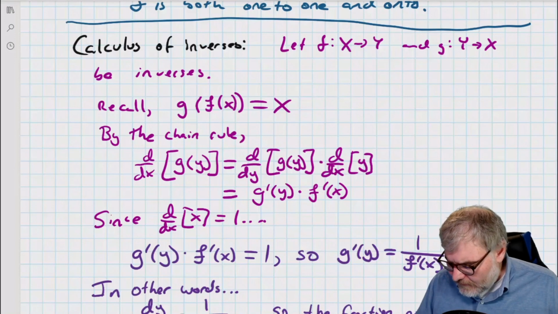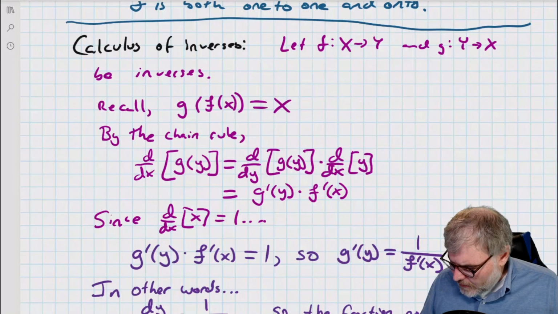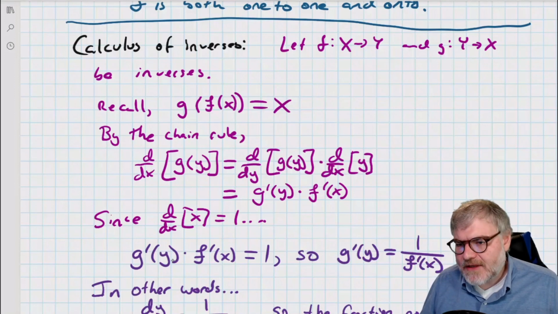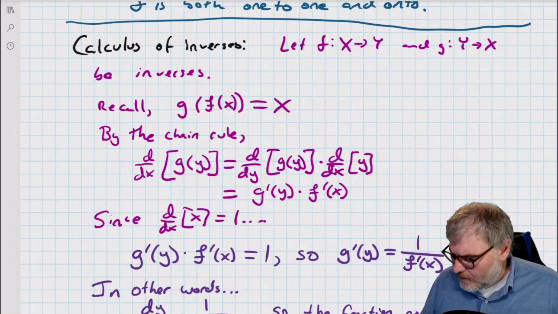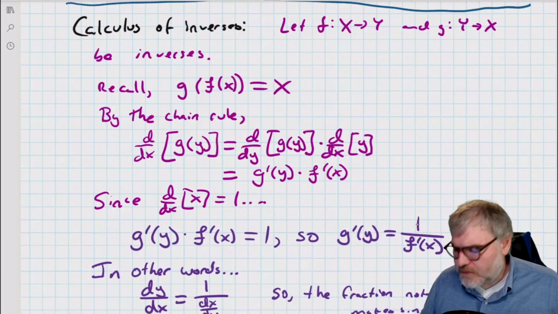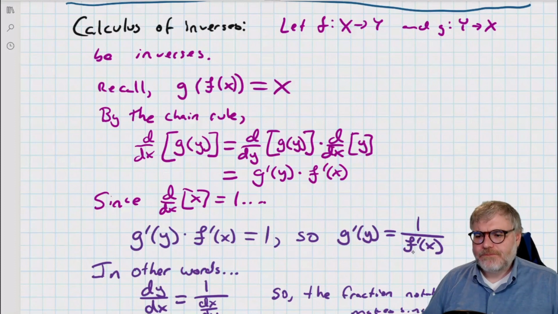But the derivative of this side here is 1. So that means that g prime of y times f prime of x equals 1. In other words, g prime of y equals 1 over f prime of x.